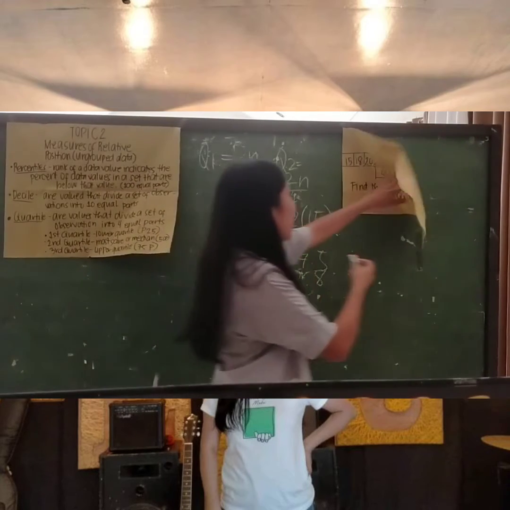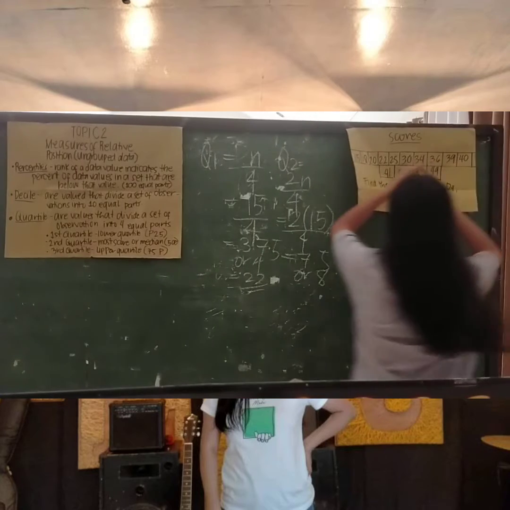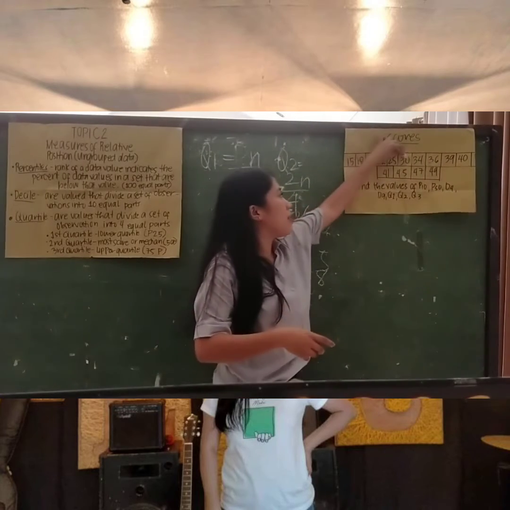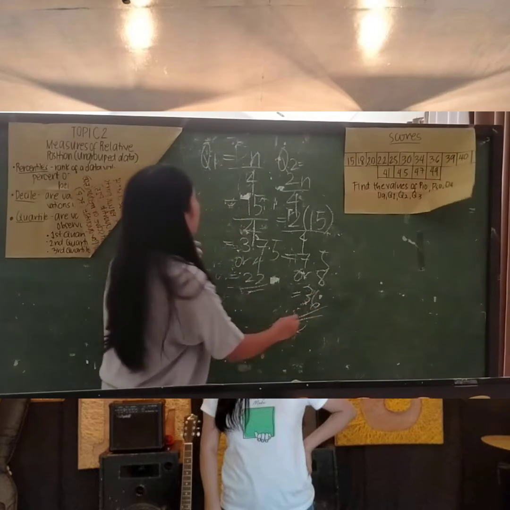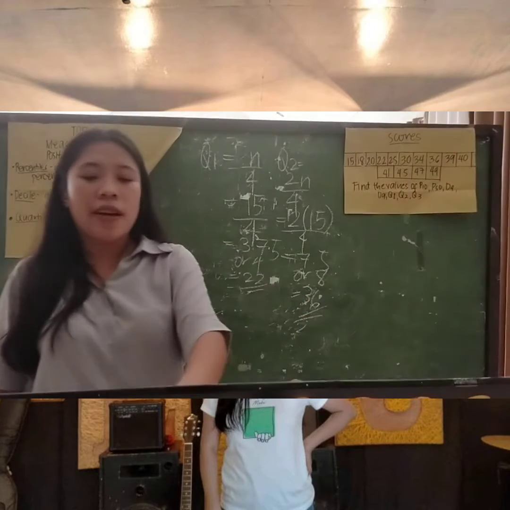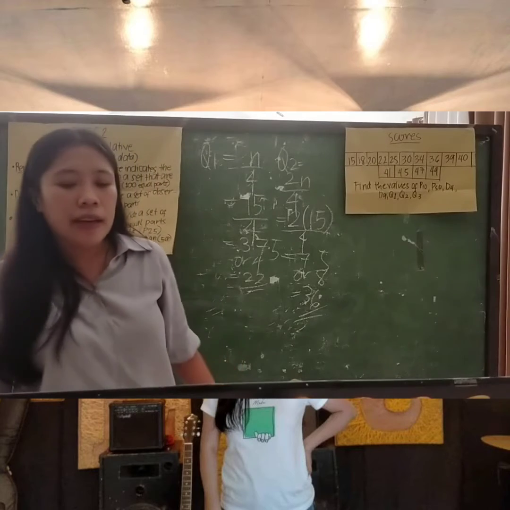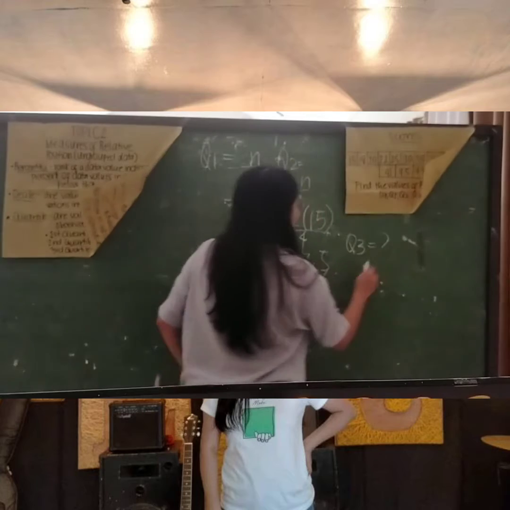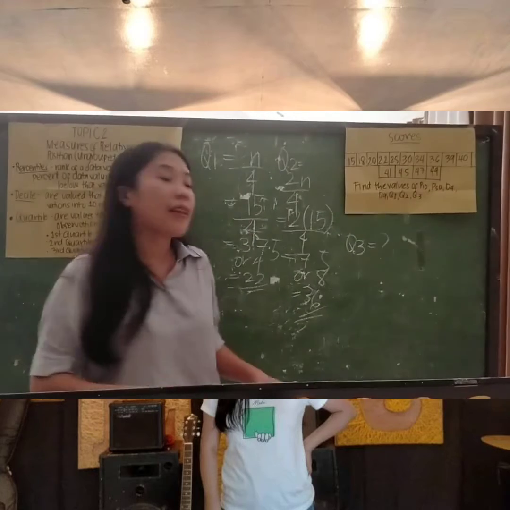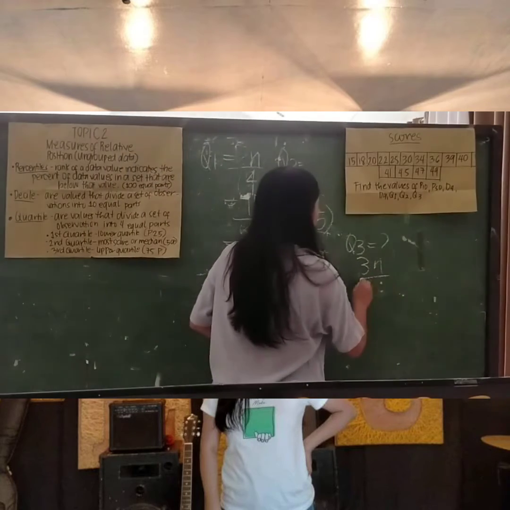The eighth score is 1, 2, 3, 4, 5, 6, 7, 8, so Q2 is 36. For Q3, we use the formula 3n over 4.